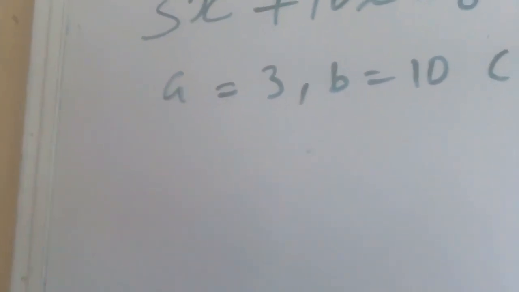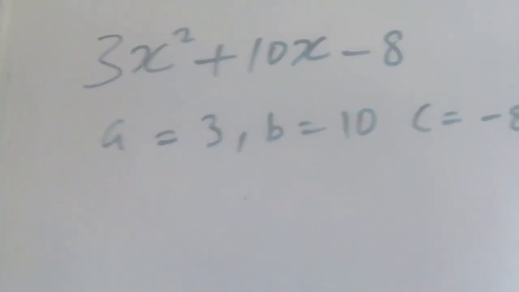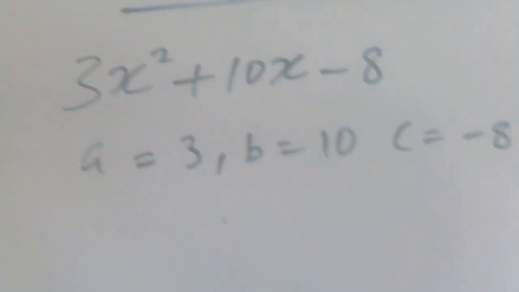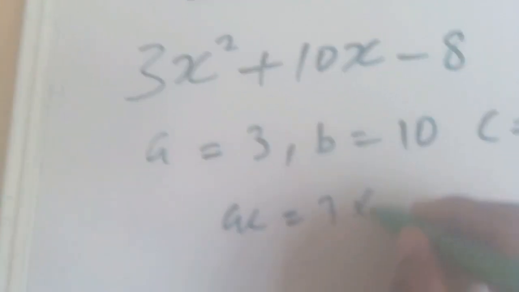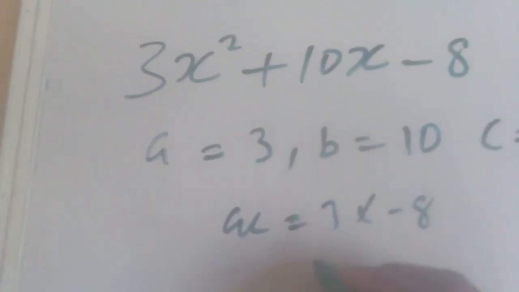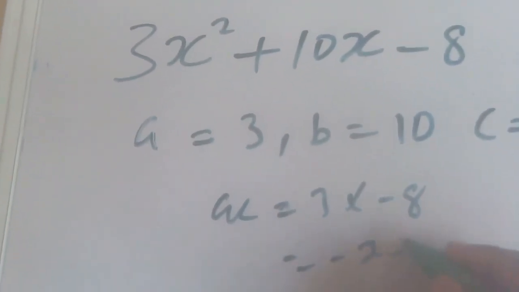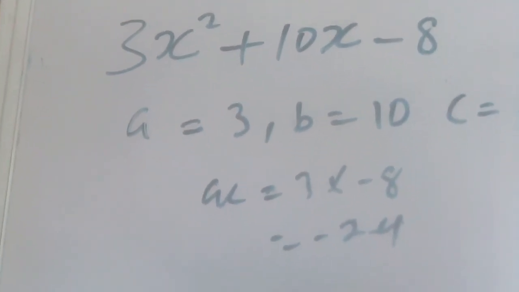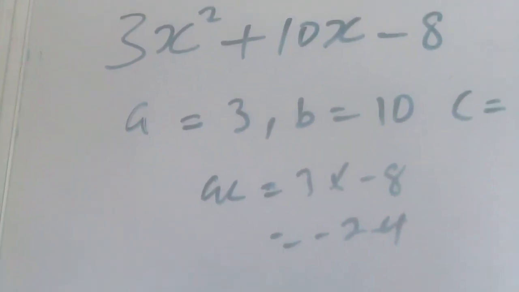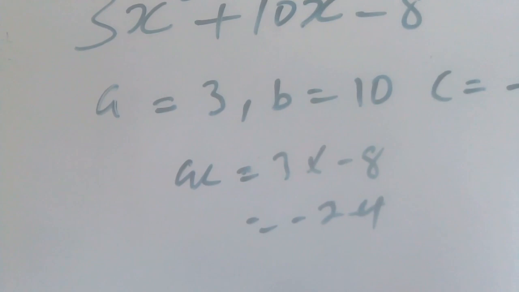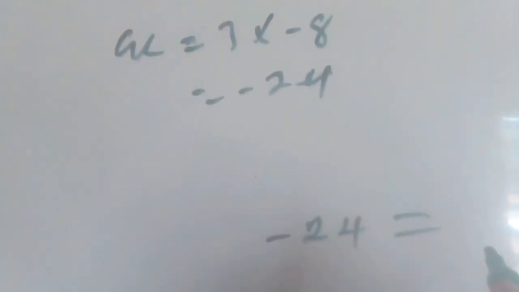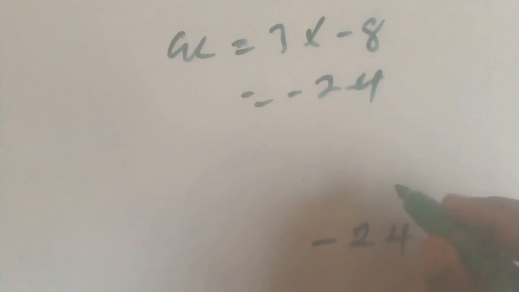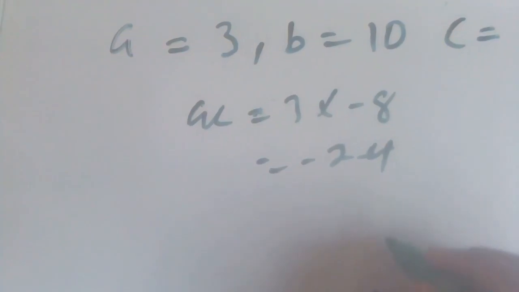So we're going to multiply 3 by minus 8 to find our ac. We have 3 times minus 8, so that gives us minus 24. So we need two numbers that multiply to give us minus 24 and, when we add them, give us 10.